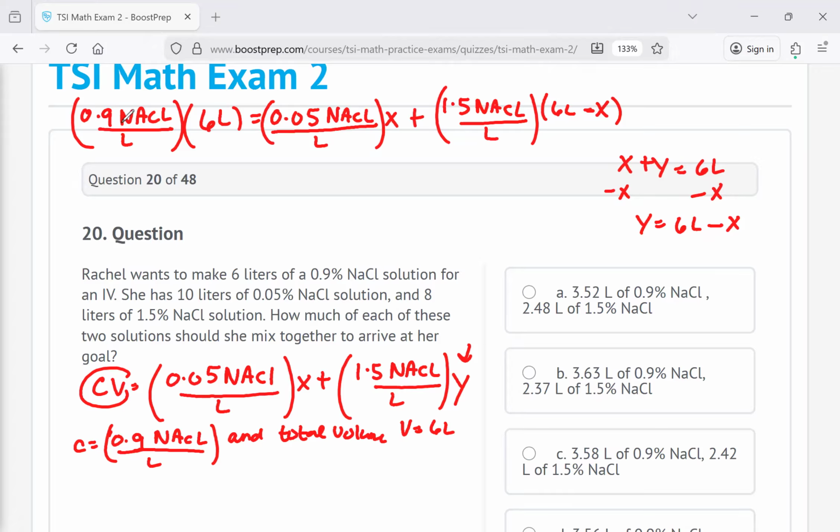Okay, and then when you do the algebra, on the left side, the liters disappear. So you are left with 0.9 times 6, which is 5.4 NaCl.